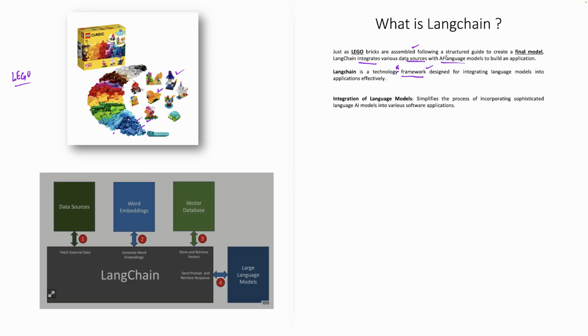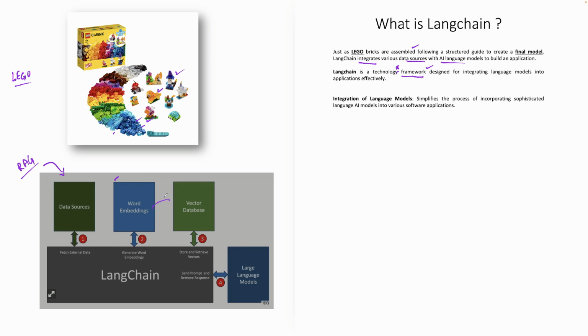Now, when you see this diagram, things will become very clear to you, because when we spoke about RAG, what if I tell you that if you want to achieve RAG, or the retrieval augmented generation, then it is possible via Langchain, right? So what are we doing here? We have a data source, or you can call it the external data source, and this data is getting converted into embeddings.